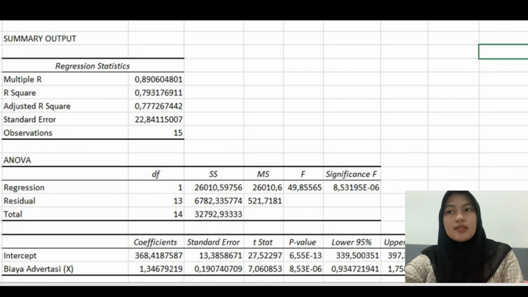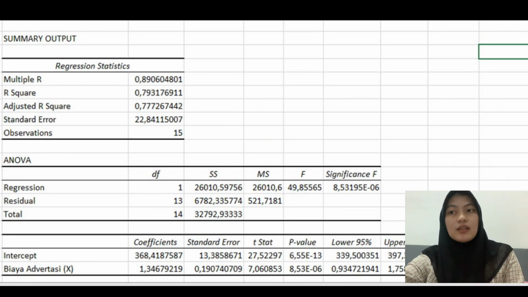For the first is the regression statistic table. Multiple R is the correlation coefficient value. The relationship between x and y is very strong and positive. And for the second is R square, the coefficient of determination, which means that 79.3% of the variation in sales can be explained by advertising cost.